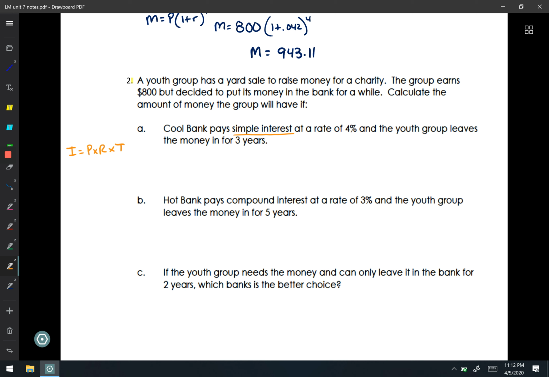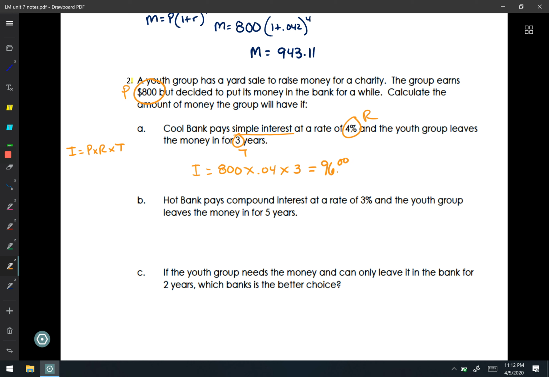So we go back to that formula, but we use the numbers up here. So we have our P, we have our R, and we have our T. So I equals 800 times, convert that percent to a decimal, 0.04 times 3. Put that in our calculator, we get $96.